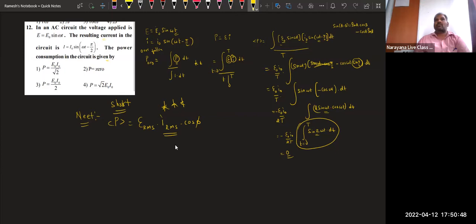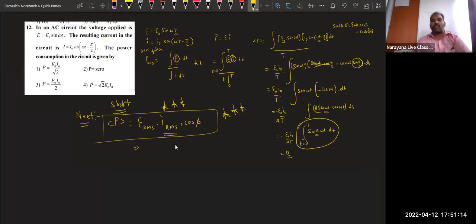Yeah, but in this, anyway, we will put I naught by root 2, you know, sir. IRMS we write as I naught by root 2. I naught is 0, then power 0. Yeah, that only I am telling. Tomorrow I will explain this. For the time being, you remember this.